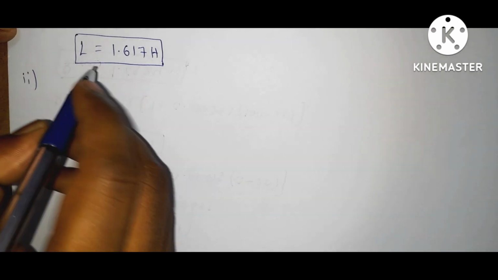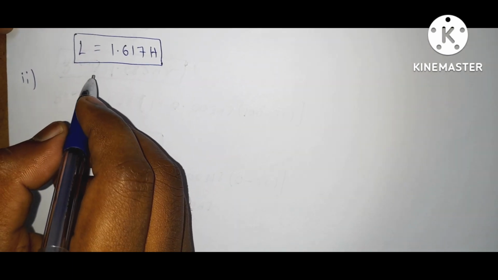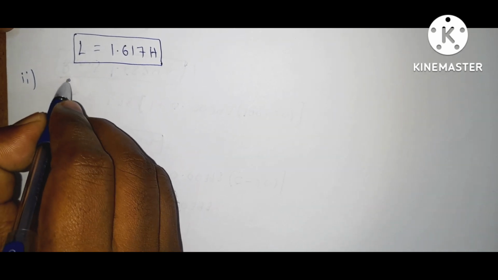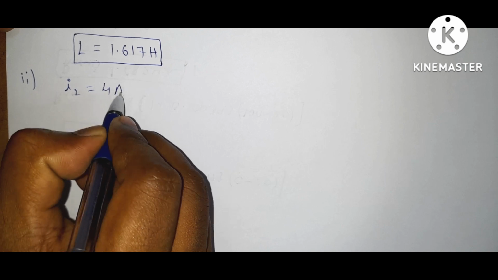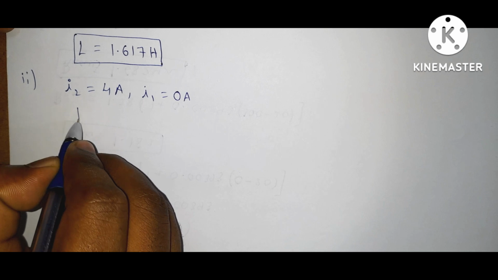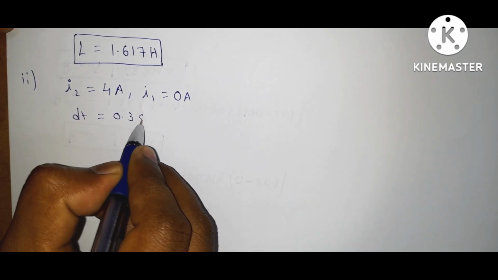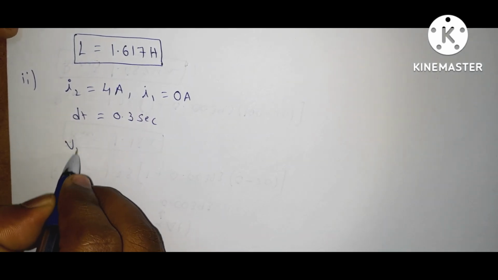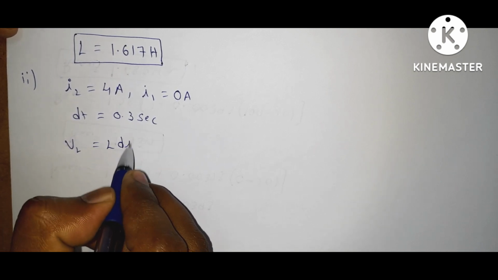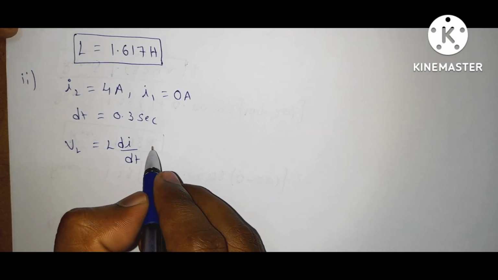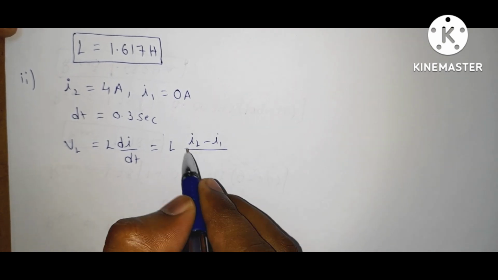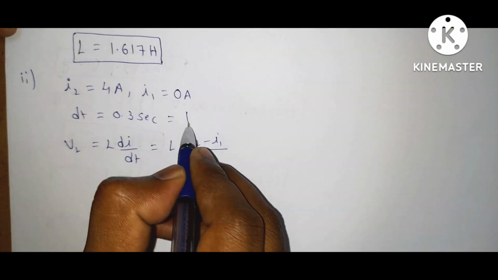Second question: the induced voltage in the inductor if the current changes from 0 to 4 amps. Here the current is changing. Let I2 be equal to 4 amps, I1 equal to 0 amps, and dt equal to 0.3 seconds. What is the voltage across the inductor? VL is equal to L di by dt, so L into (I2 minus I1) by (T2 minus T1).